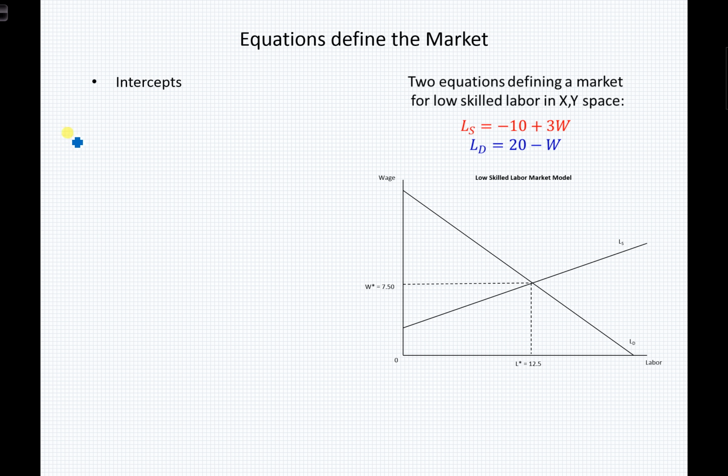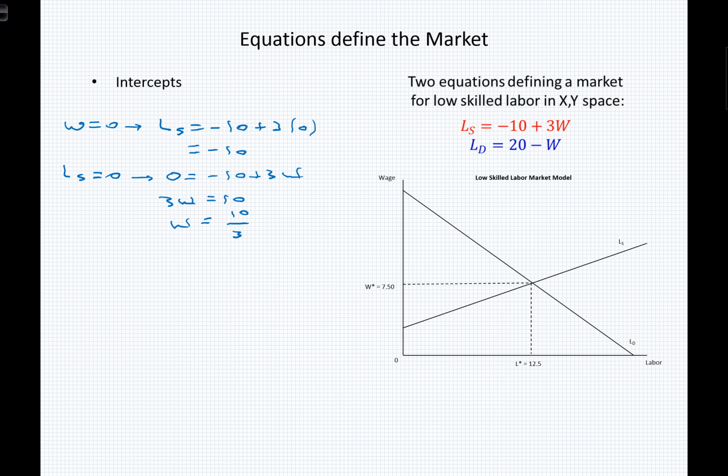So when wage equals 0 for labor supply, we then have labor supply equals negative 10 plus 3 times 0, or simply equals negative 10. And when labor supply equals 0, then we have 0 equals negative 10 plus 3 times the wage, or 3W equals 10, or W equals 10 over 3, or 3 1/3.